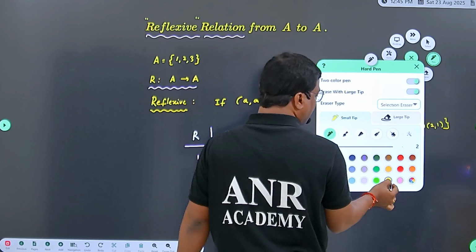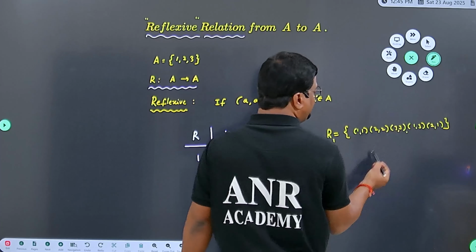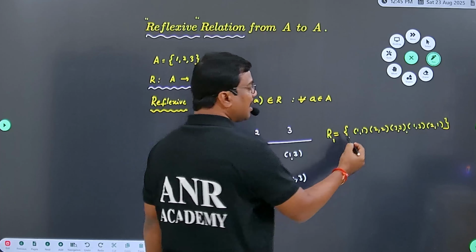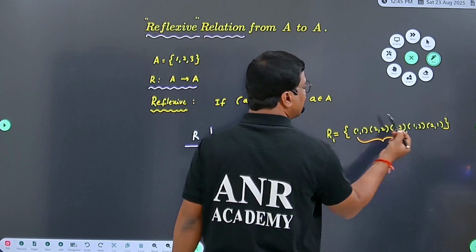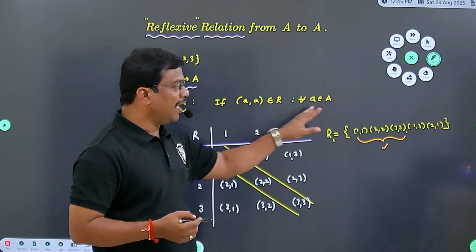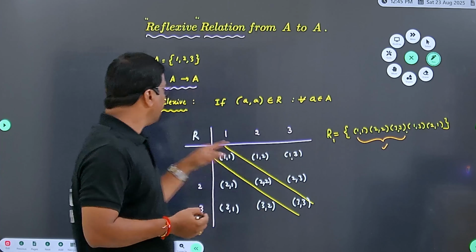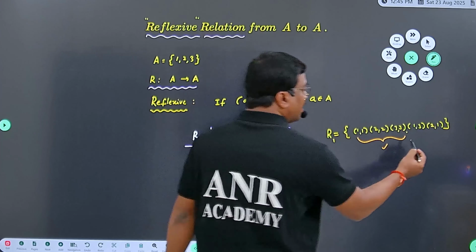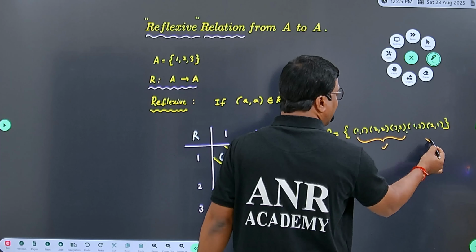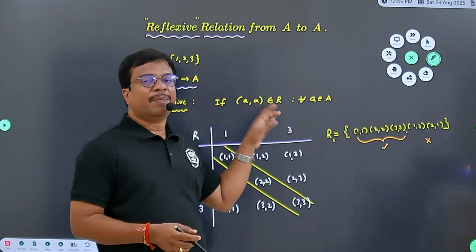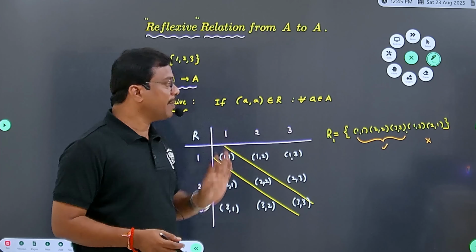Here, just cross check whether (1, 1), (2, 2), (3, 3) are present in the relation or not. Yes, the diagonals are present. That's all. If the diagonals are present in the relation, then it is reflexive. For other entries, just remember that they may or may not be present.